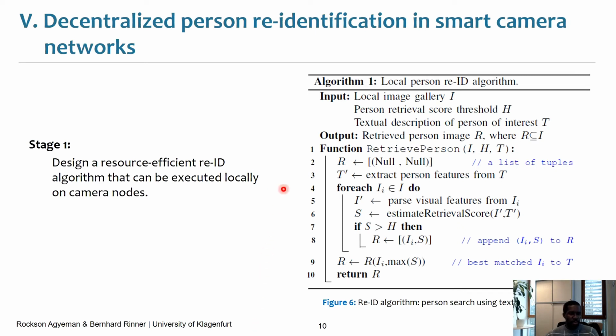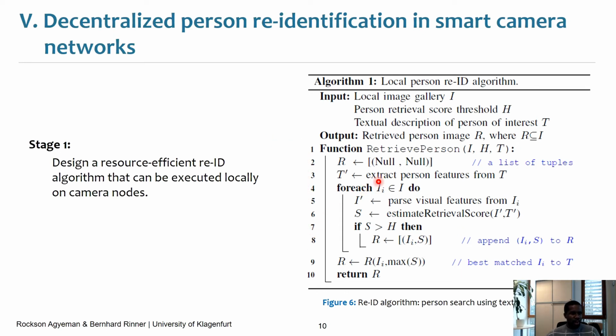Algorithm 1 is our proposed algorithm for performing person re-identification. It receives as input a local gallery, a person retrieval score threshold, and the textual description of the entity we are looking for. As an output, it returns a subset of the gallery, which can contain one person or a group of entities that meet the description criteria.